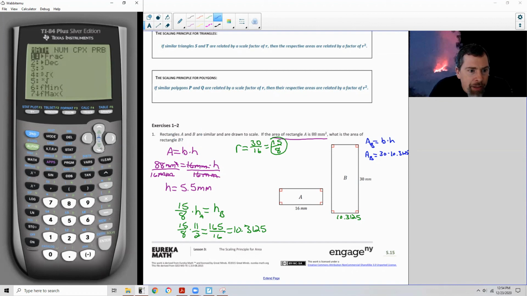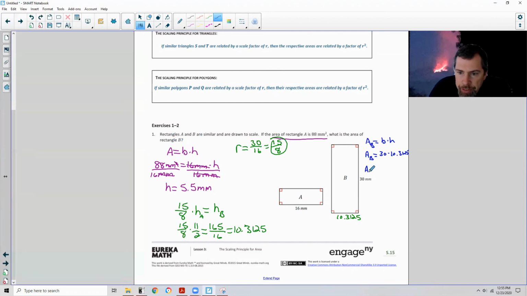So I hit math, arrow down to 2 for a decimal, and hit enter, and I get 309.375. So the area of B equals 309.375. So let's check our thing up here.